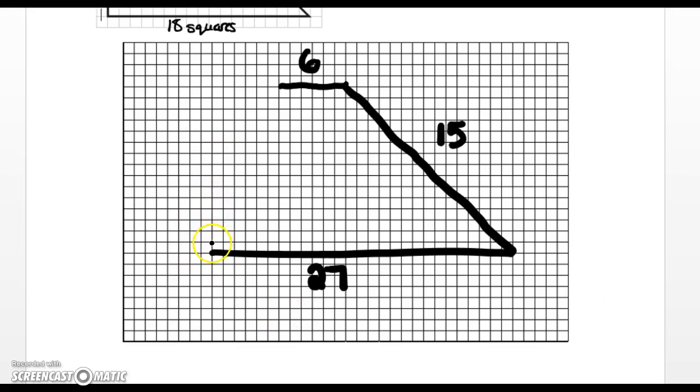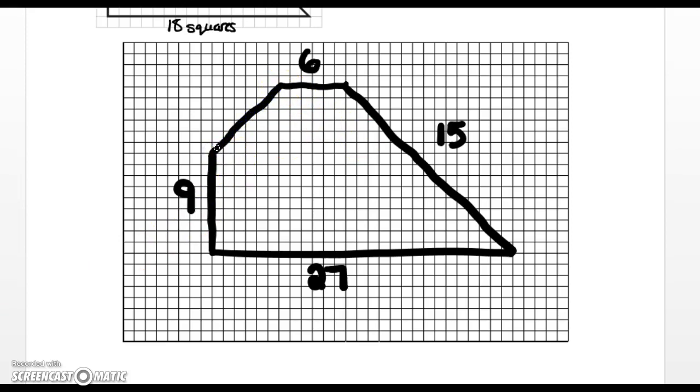Then I'm going to draw my side going straight up and down. That one there should be 9 squares. So we have 1, 2, 3, 4, 5, 6, 7, 8, and 9. And if I've done my work correctly, if I connect my dots from here to the top of my image, that should be exactly 6 diagonal squares as I had shown in my work above.